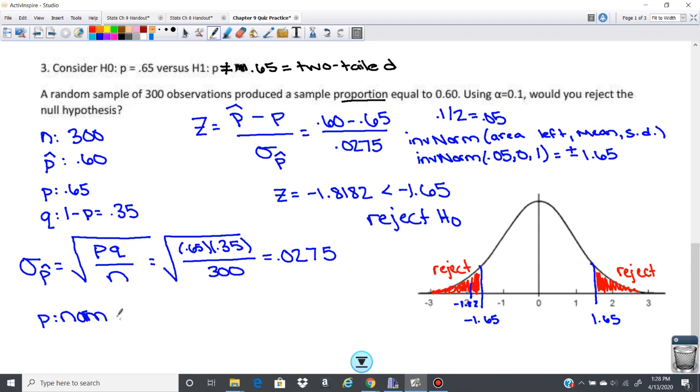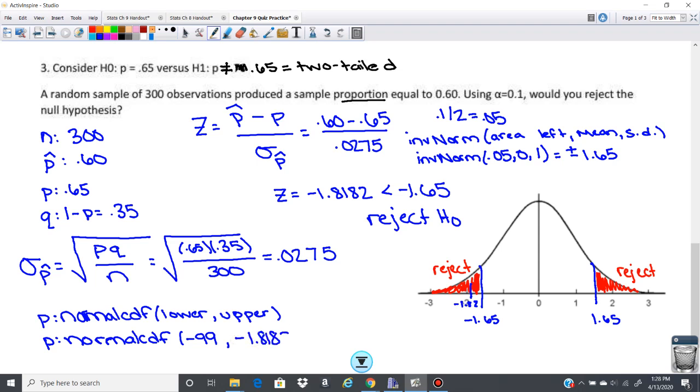Then your lower limit, then your upper limit. Your lower limit, because we are on the left side, is negative 99, and then our upper limit is going to be that z value, negative 1.8182. That's going to give you your p.